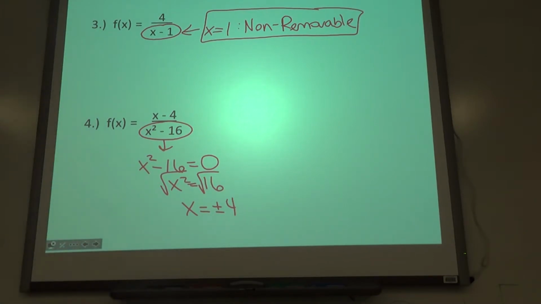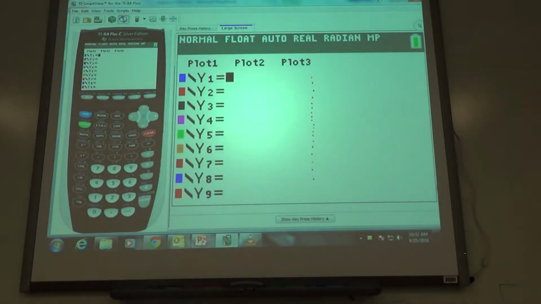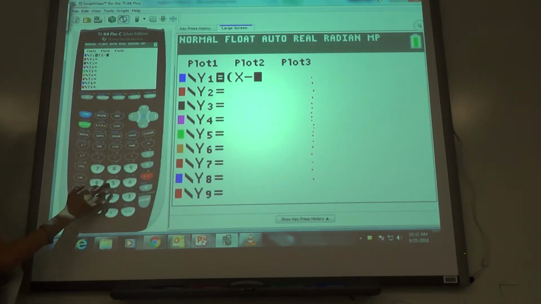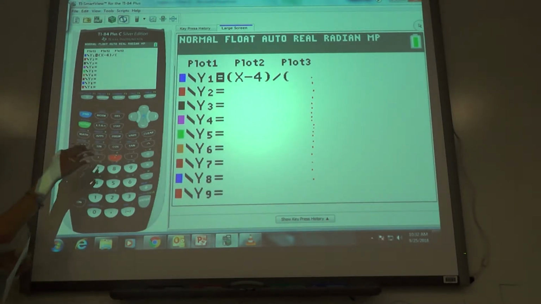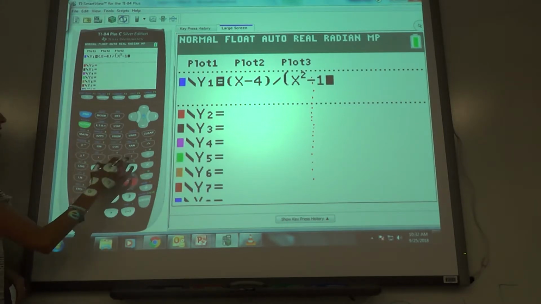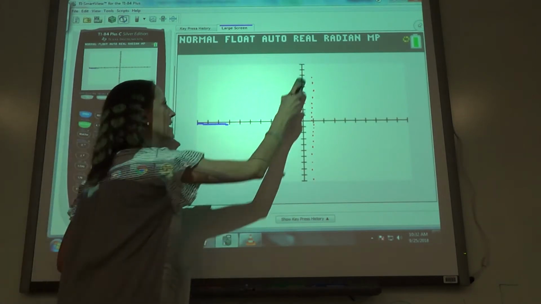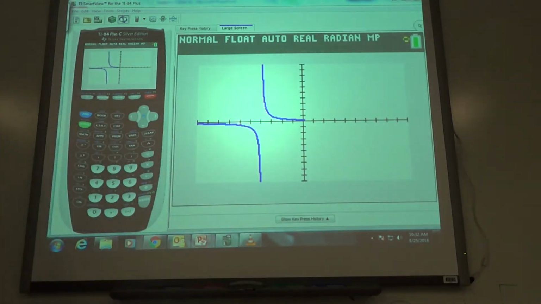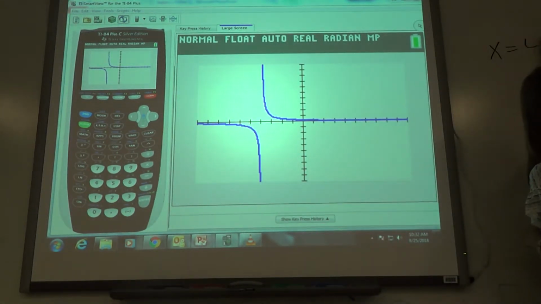Now I would probably use parentheses around the top and the bottom when I go to put this into my calculator. Here we go. The whole x minus 4 divided by the whole x squared minus 16. Gonna have to erase my asymptote from earlier. Okay, we're looking at positive 4 and negative 4.